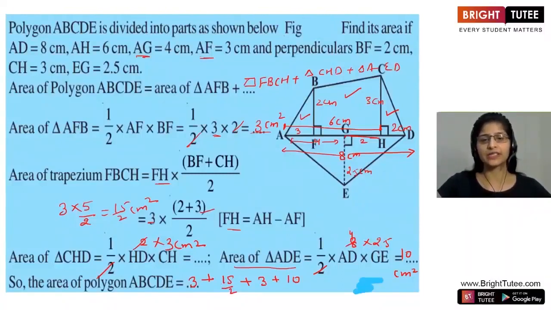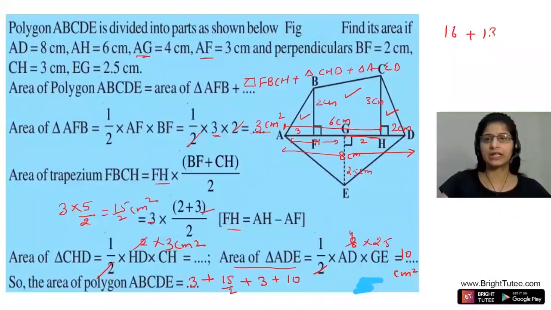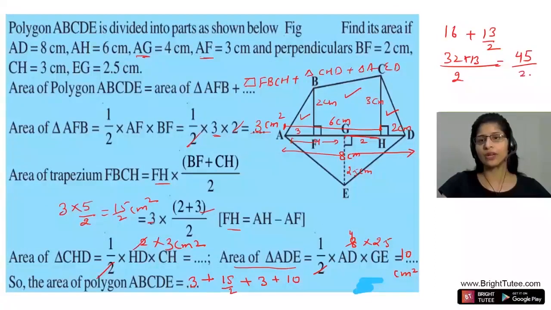So 10 plus 3 is 13, and 3 plus 13 upon 2. Taking the LCM as 2, we get 32 plus 13, that is 45 upon 2. So 45 upon 2 is 22.5 square centimeter.